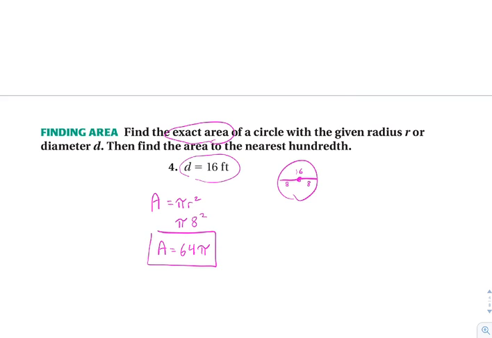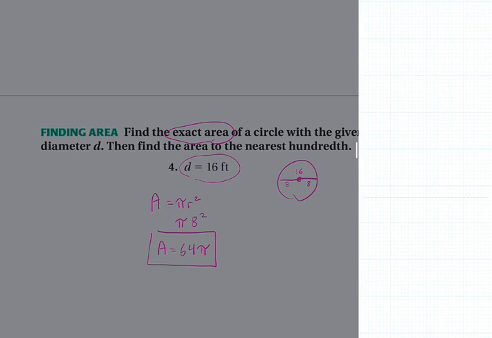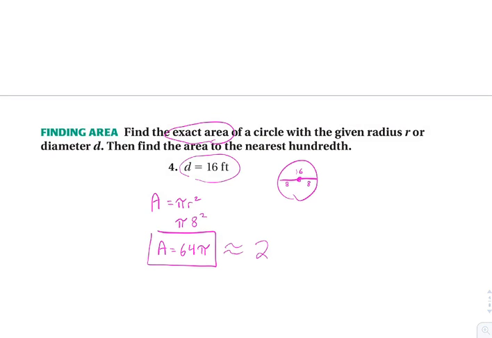If we want to approximate that, I could pull over my calculator and say this is 64 times pi. And this says to the nearest hundredth, so that's around 201.06. Now, I used a long decimal of pi to find it to the nearest hundredth.